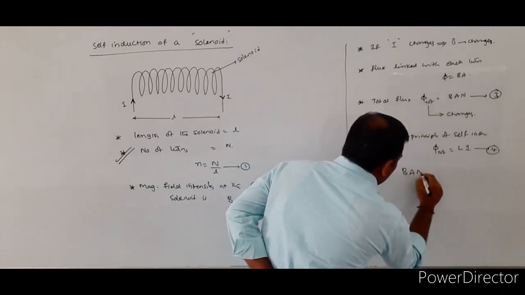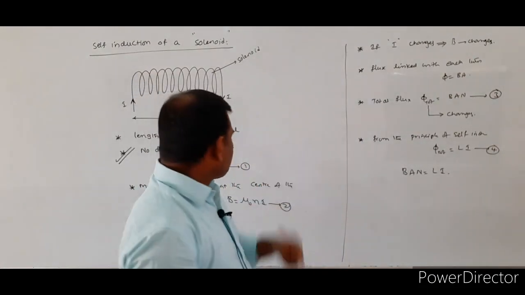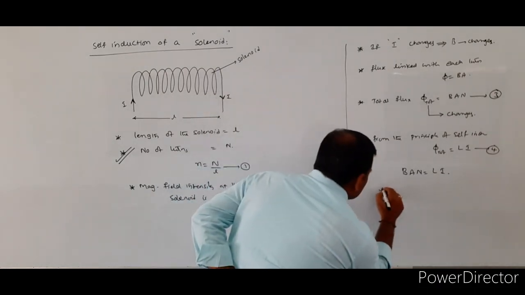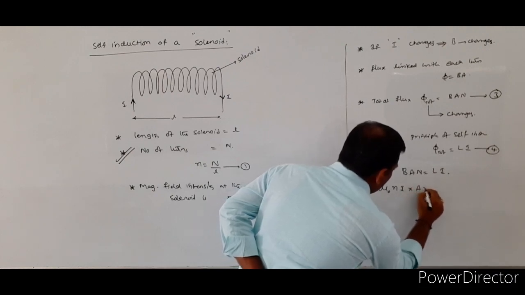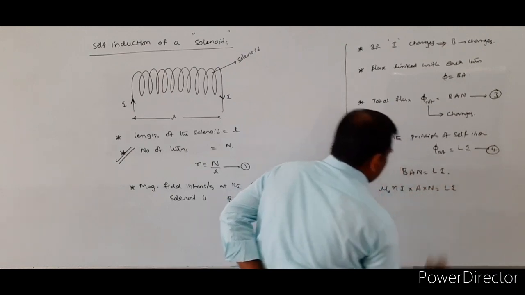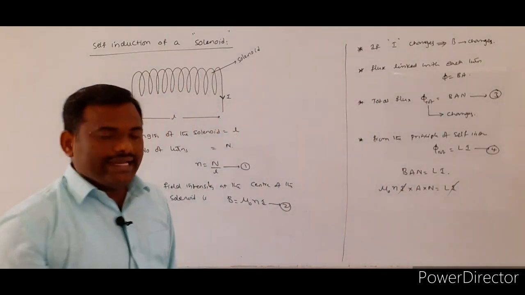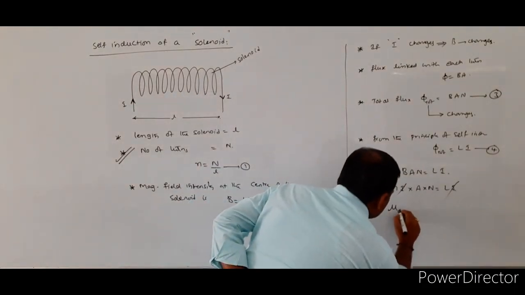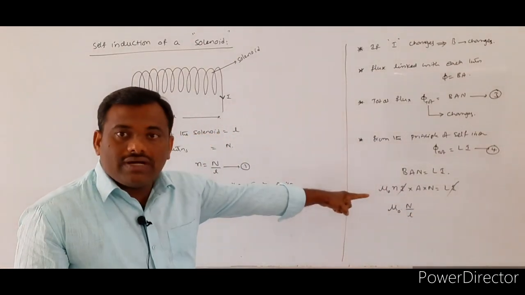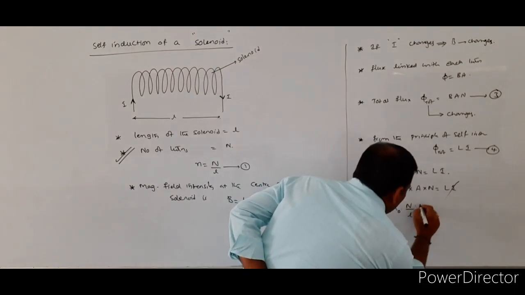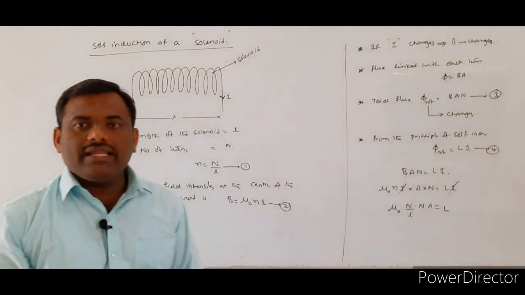So B into A into N is equal to L into I. Substitute the value of B. B is equal to mu naught small n into I, into A into N is equal to L I. Here I will be cancelled. Mu naught small n means mu naught capital N by L, and one more N will be there, into A, is equal to capital L.